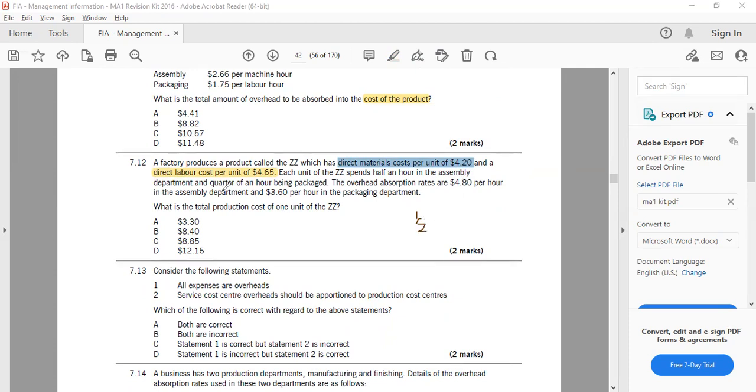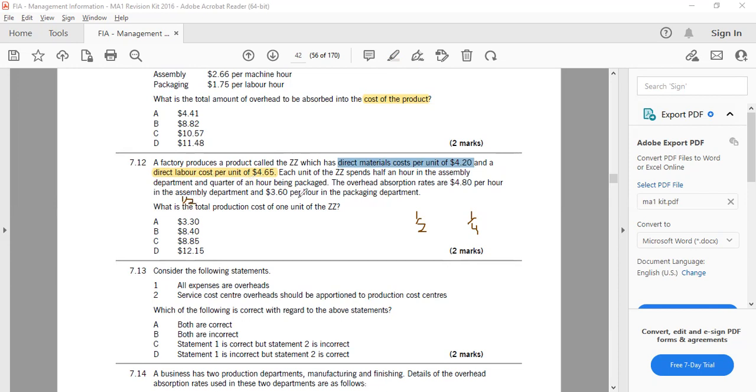And a quarter of an hour being packaged. So the overhead absorption rates are 4.8 per hour in the assembly department and 3.6 per hour in packaging. So you understand, it says assembly department 1 by 2, half.